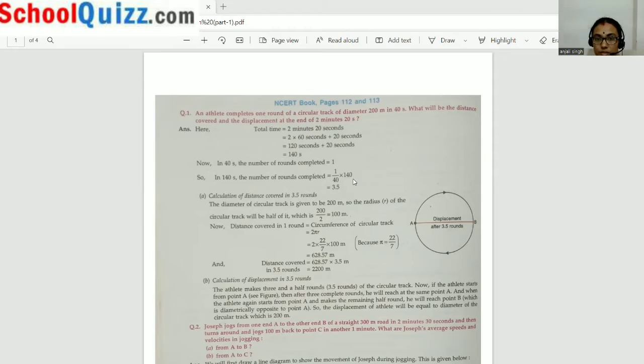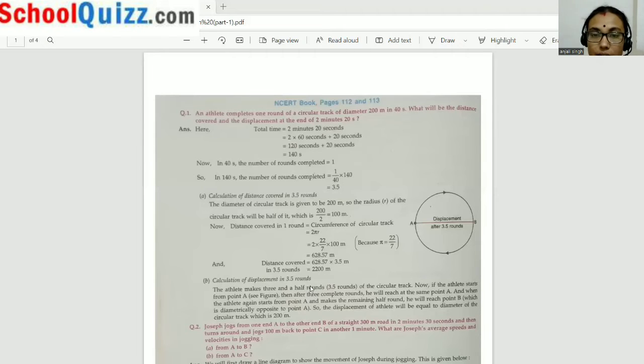The distance covered in a circle will always be 2 pi r. You have the value of 2, pi, as well as the radius. And as you already know, here the athlete took 3.5 rounds, it means multiplied by 3.5. Clear? So that will be 2200 meter.